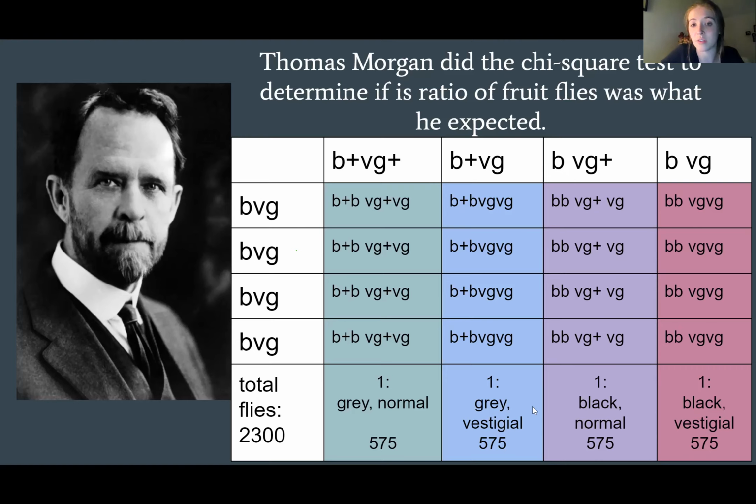This is based off of a cross between the heterozygous individual and the homozygous recessive. These are the gametes, so this parent was heterozygous, and this is not the wild type version. I encourage you to go back and review fruit fly genetics if this is at all confusing, okay?